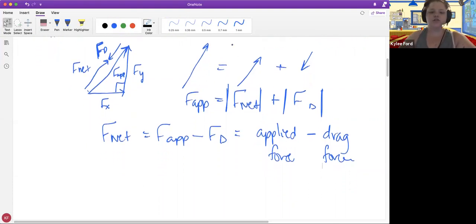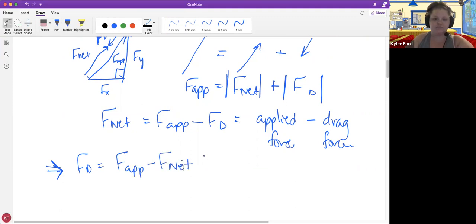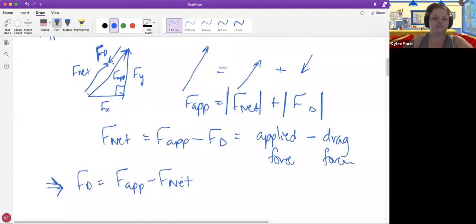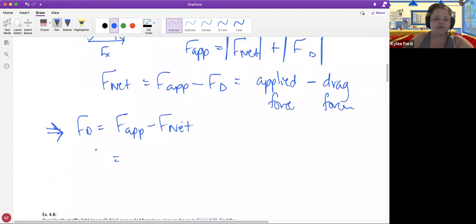With that, I can now solve for my drag force with that equation. My drag force is now going to be equal to F applied minus F net. That makes sense if you look at the diagram: this length is equal to this whole length minus this smaller length. It all comes back to just looking at the diagram and what makes sense. Now I will plug in my values.